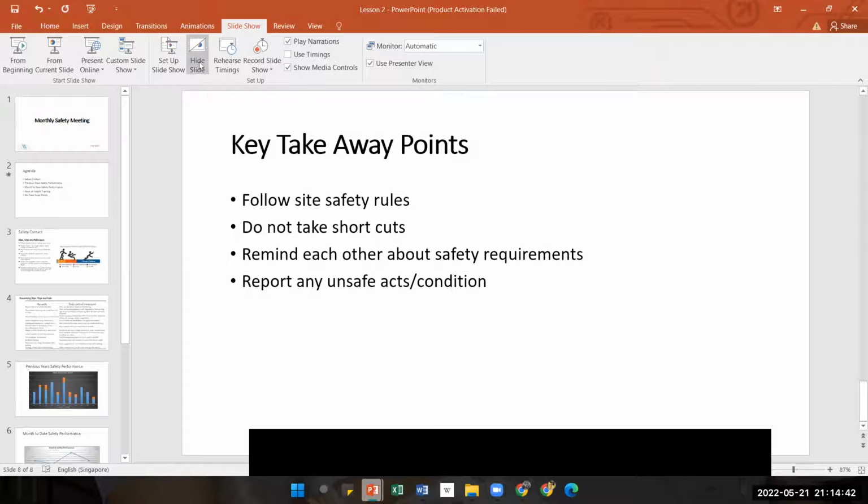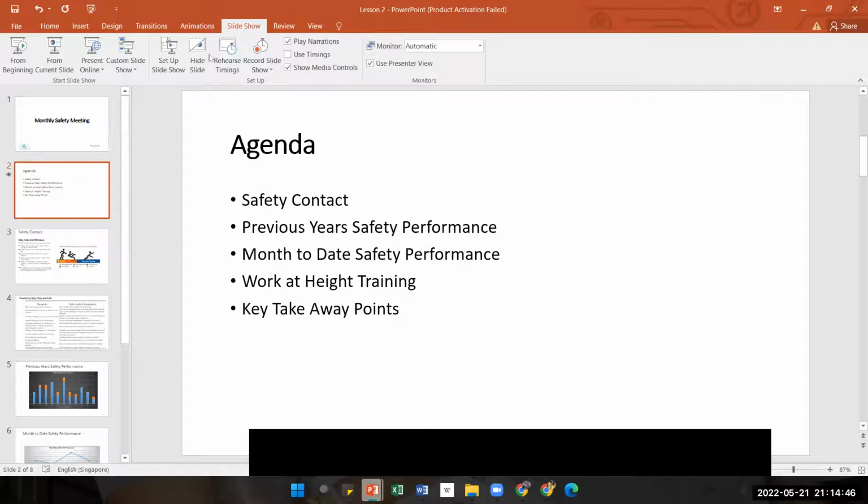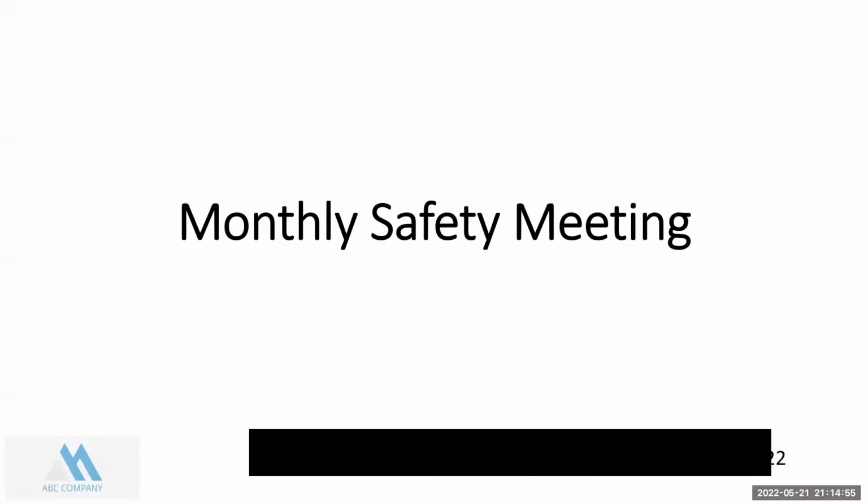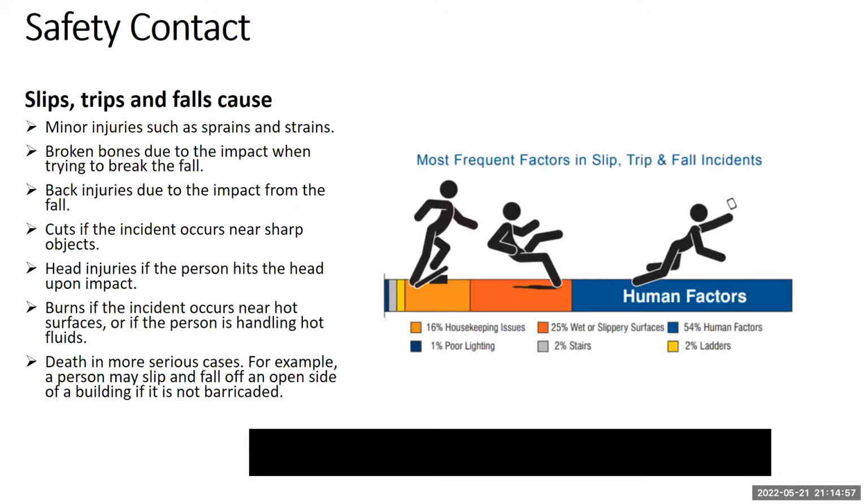For example, if you want to hide the agenda, I click on hide. So this is hidden. I want to start the slideshow from the beginning, so I click on this monthly safety meeting. You cannot see the agenda slide, which was the second slide. Now straight away you're seeing the safety contact slide.